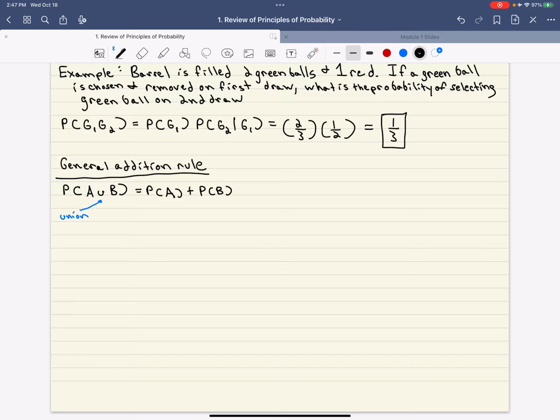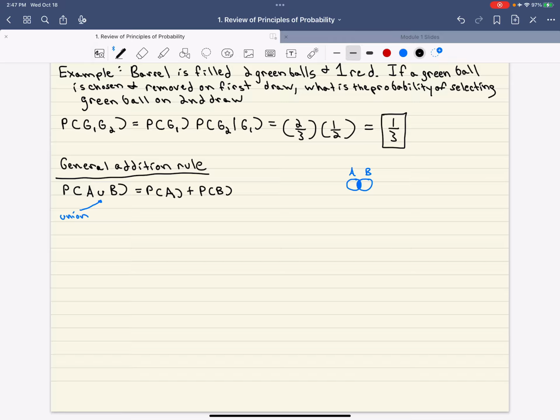And so the way we could visualize this happening is as a Venn diagram, where the circle on the left represents outcome A, circle on the right represents outcome B, and we see there's overlap between the two. All right? And so what we want to do in order to calculate this probability is we want to not overcount, and we want to get rid of the overlapping section of the Venn diagram.